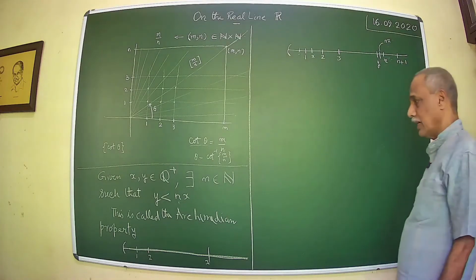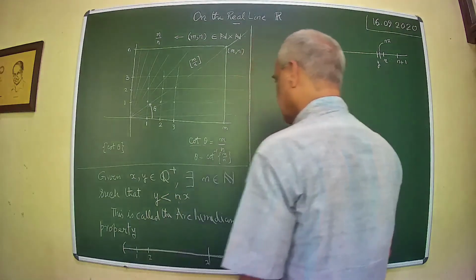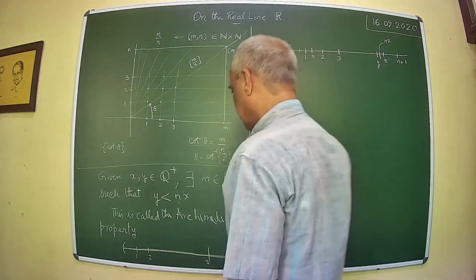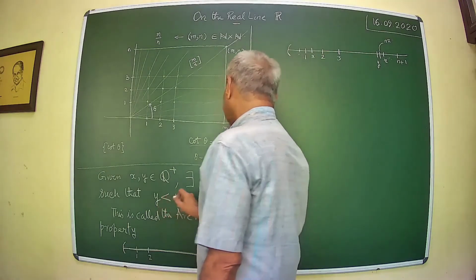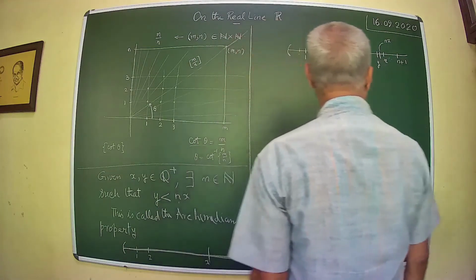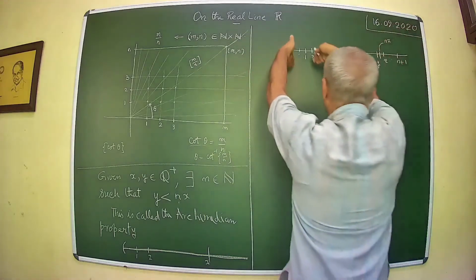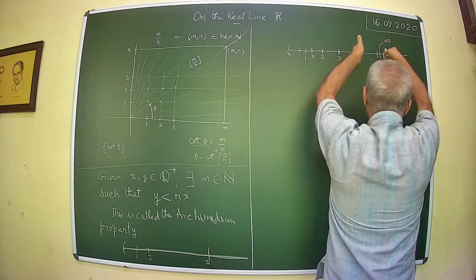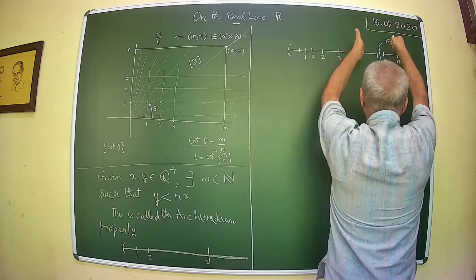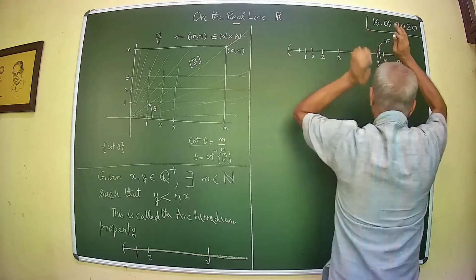Okay, so there exists a positive integer or a natural number n such that y is less than n times x. So you can move from here x, 2x, 3x and so on. You can come to nx. So there is some n with the property that y will be less than nx.